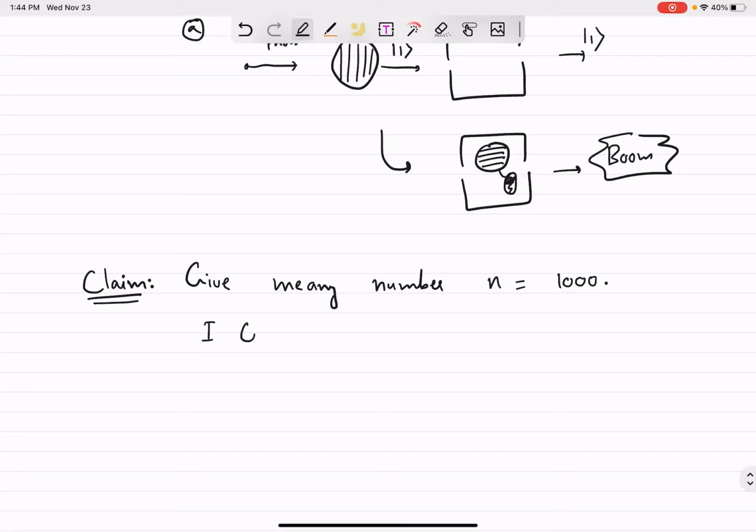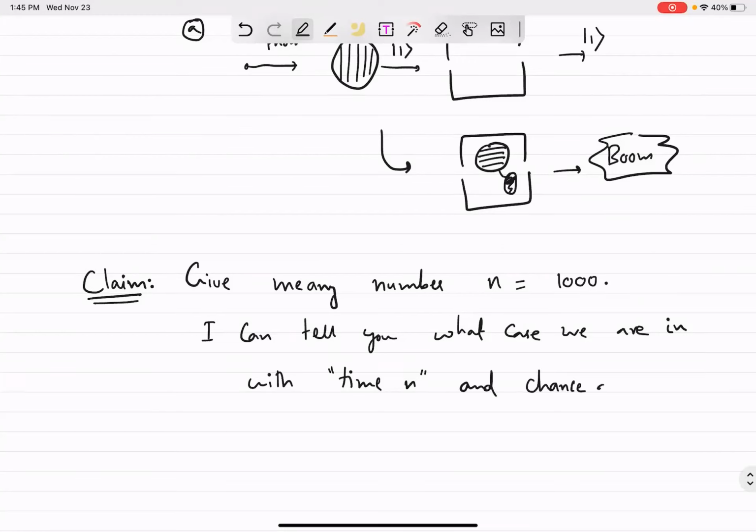I can tell you what case we are in, with time n, meaning basically I'm going to use this box n times, and the chance of exploding is 0.001.